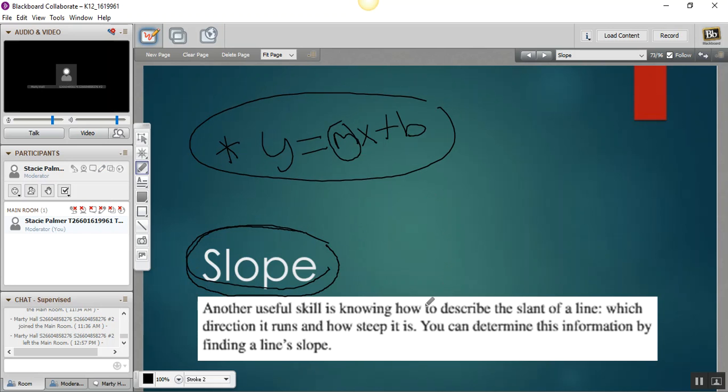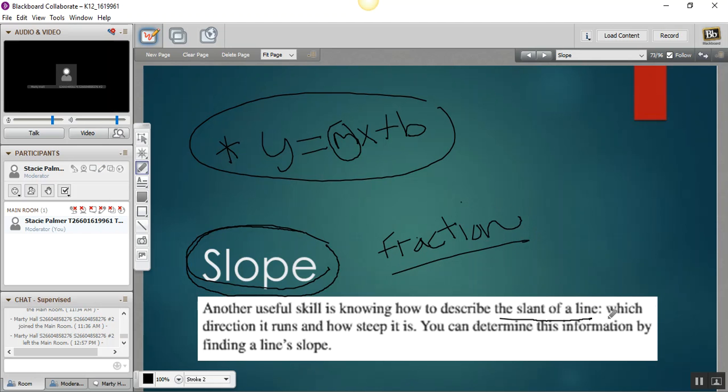Slope is a useful skill, and it's the slant of a line, basically. That's what the slope is. And the slope is always going to be a fraction. Sorry, my pen is having a hard time writing today. So slope is always going to be a fraction, okay?